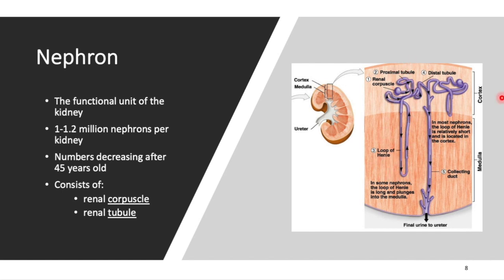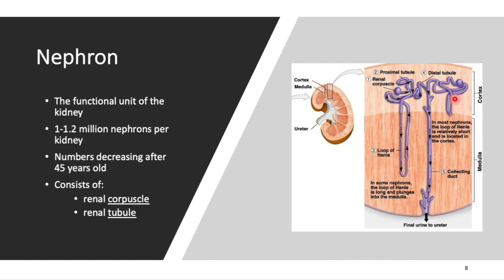The glomeruli of the superficial cortical nephron is located in the outer cortex. This is cortical layer of the kidney, and this is medullary layer. So the glomeruli of the superficial cortical nephrons is located in the outer cortex, whereas for juxtamedullary nephron, the glomeruli is located near the corticomedullary border.